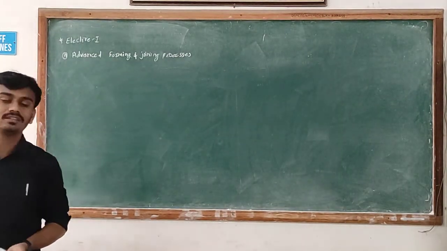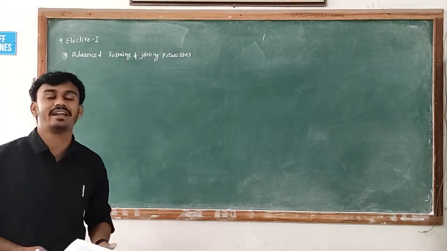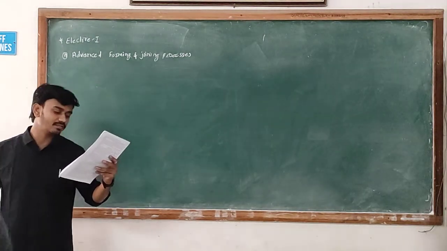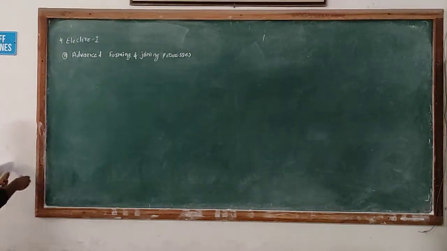So first of all I will tell you the names of the 6 units and what we will learn in those 6 units. The first unit is mechanics of sheet metal forming.